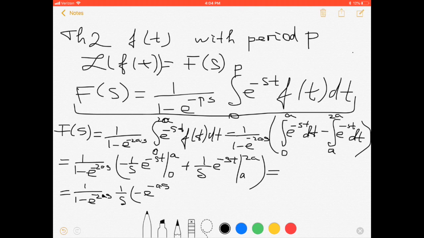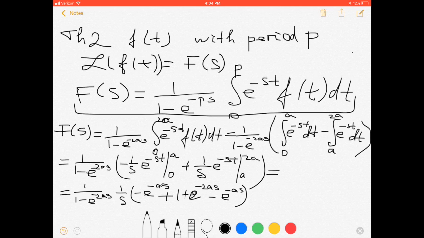If you plug in 0, it will be 1, negative 1. And you need to subtract, this means plus 1. Here you have plus e to the minus 2as and minus e to the minus as.